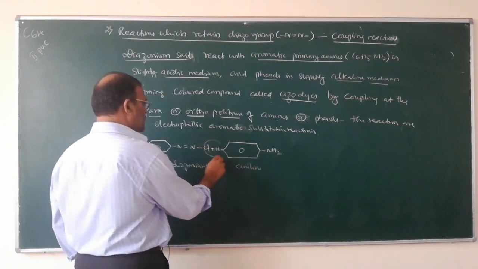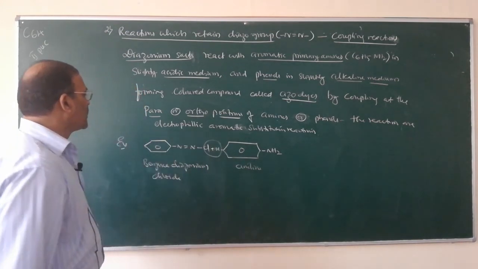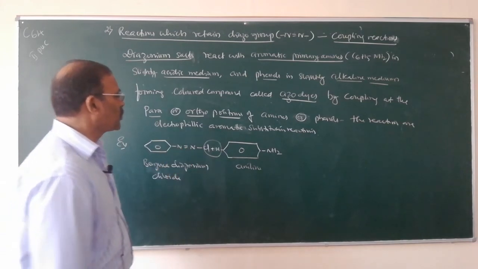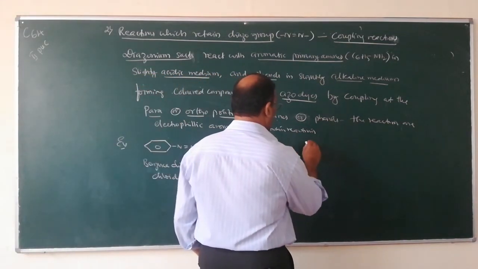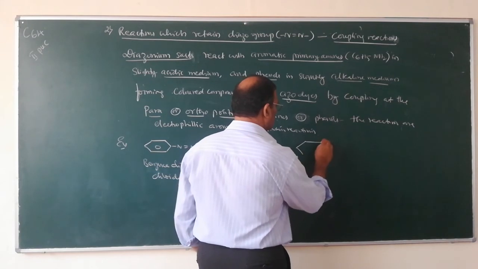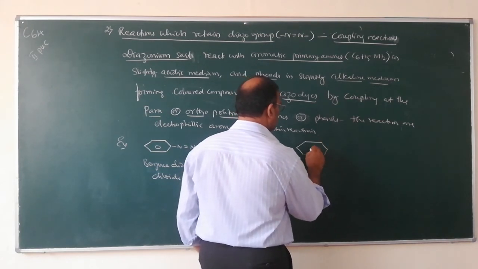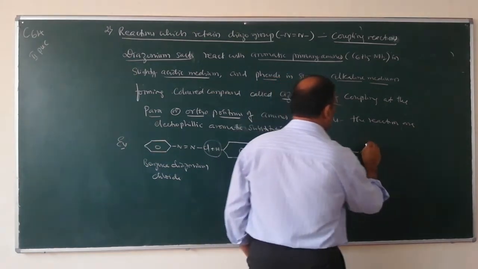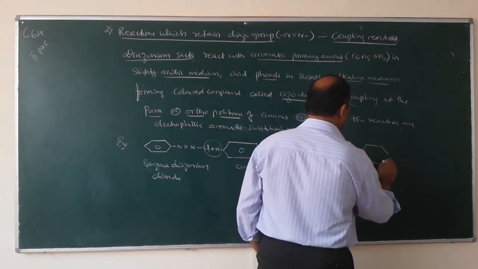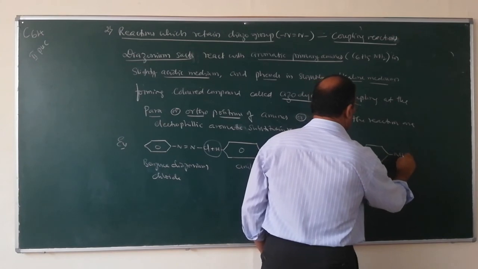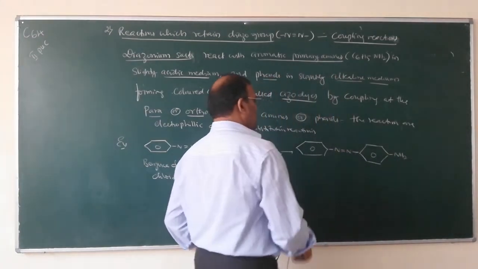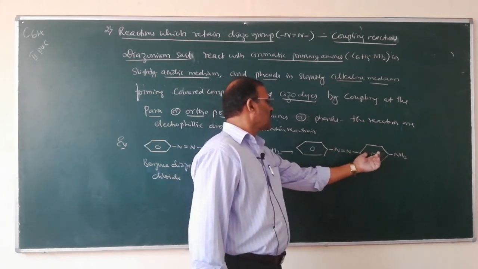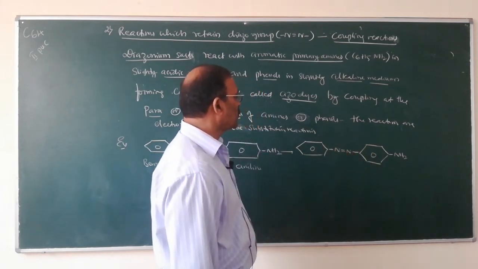What happens? HCl goes out, and these two rings attach to this azo group. We get N double bond N, NH2. This ring is coupled with this ring by a diazo group.